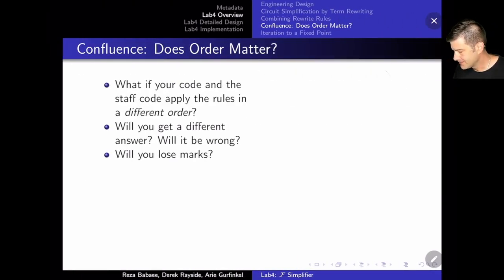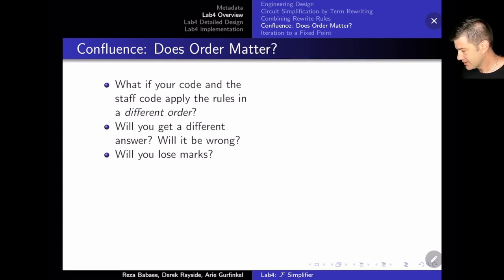Now the other thing is whether the order of rules matters. Right? So we have a whole bunch of rules for simplification, and we saw even in the example that we were doing that we can simplify them inside out, outside in, or in the middle, and it always seems to give us the same result. So if you write your code in one way, and in our test we apply the rules in a different way, somehow we get the same result.